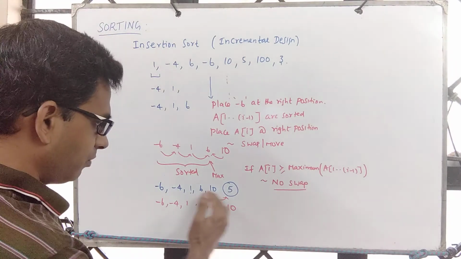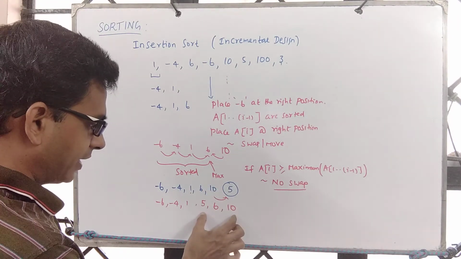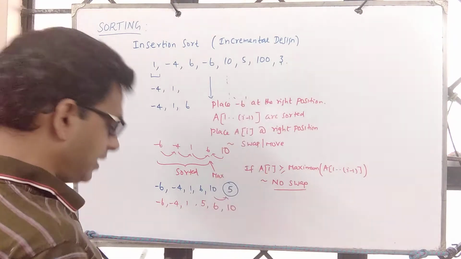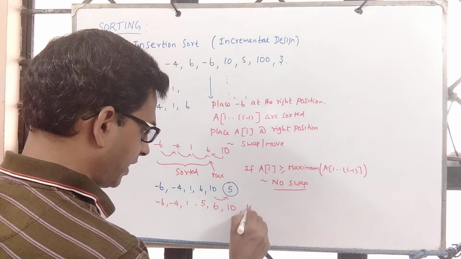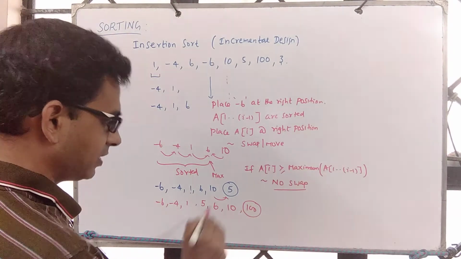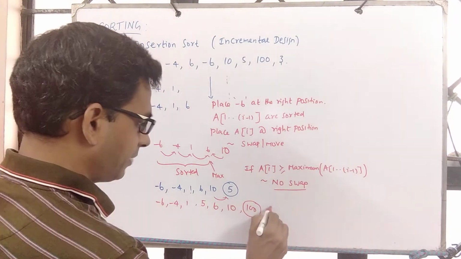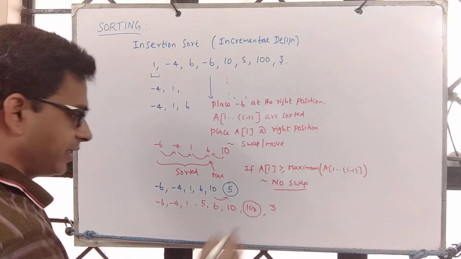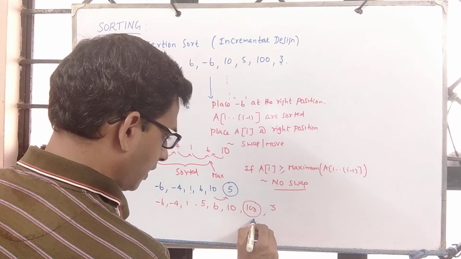So keep moving until you find the correct place for this. Next value is 100, so you can place 100 here itself because this value is at least this. Next let me bring 3. Now you see that I have to place 3 at the appropriate place.